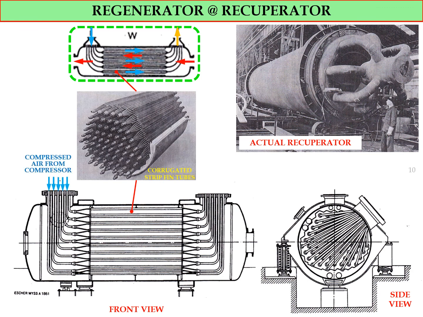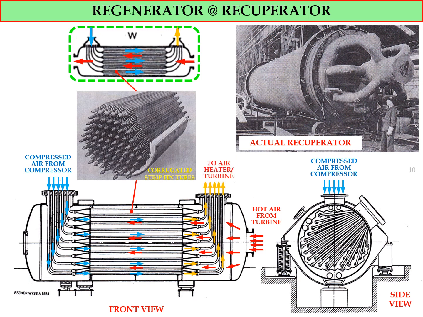It does not mix. The compressed air goes into the tubes, as you can see the blue arrow there, and goes into the system. Now the hot air is coming from the turbine. It comes from a different direction and goes into the shell side, and will cross there, and then will transfer heat to the compressed air from the compressor, and will preheat the air and turn into the green arrow there, and we move it out to the air heater turbine.